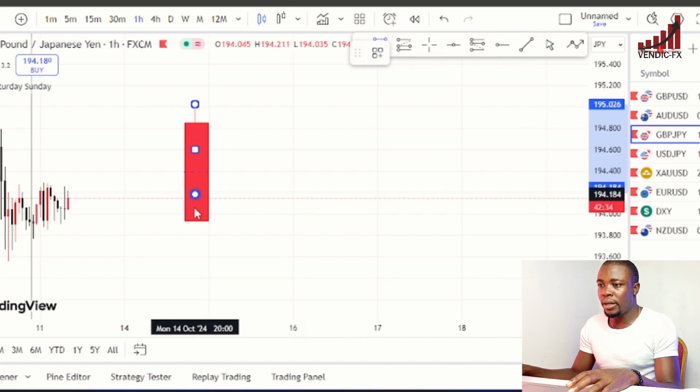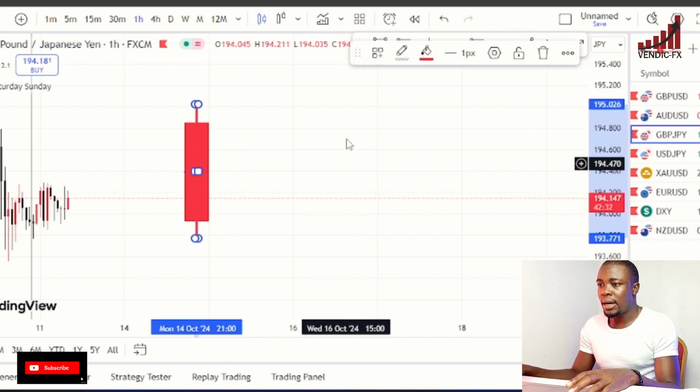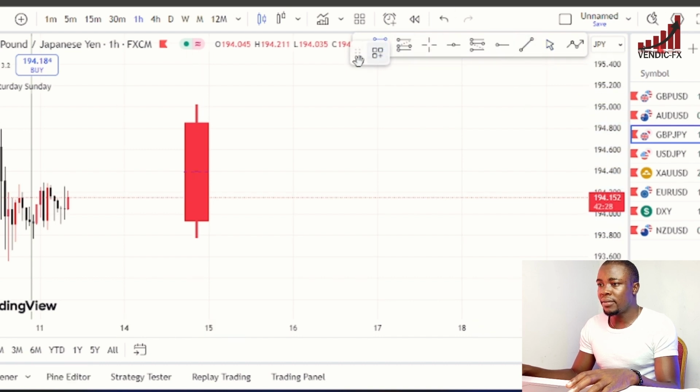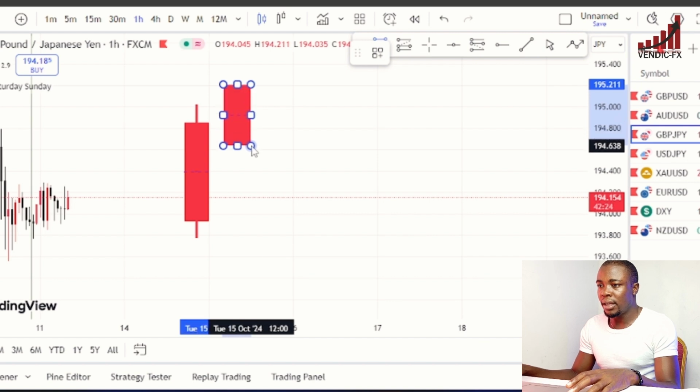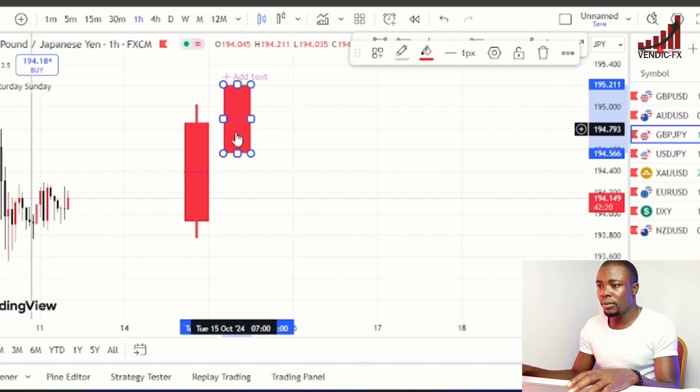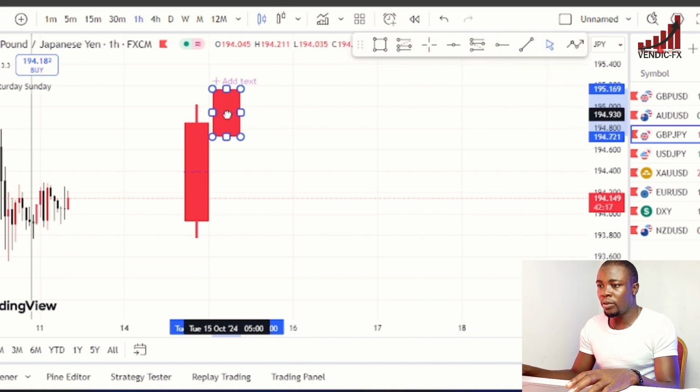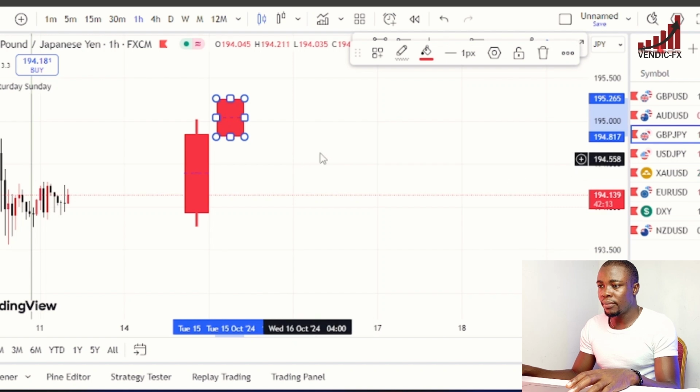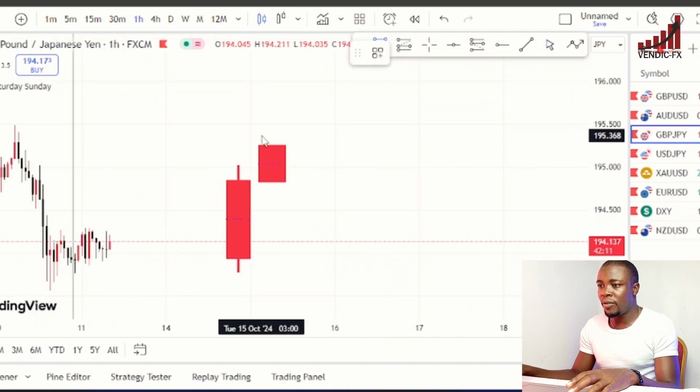Let's say we were in an uptrend, and then we now have something like this. We have sort of an indecisive candle, because this one will definitely open from here. Then we have a wick.